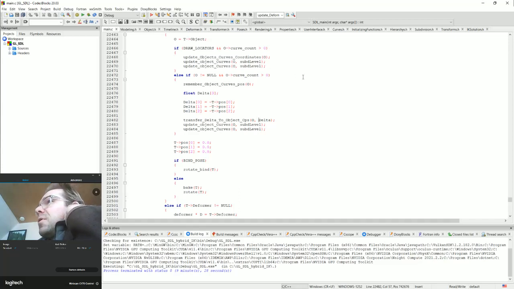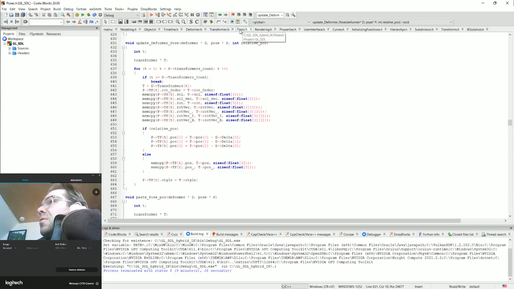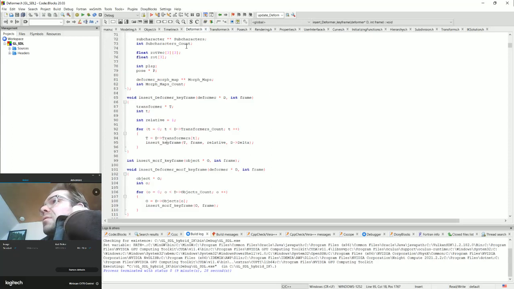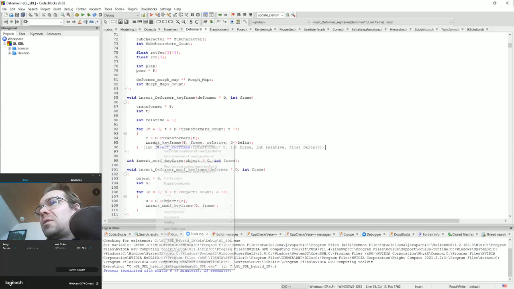First of all, inserting keyframes. And this is in the former header. We see the former keyframe is inserted, and for every transformer in the former, the keyframe is inserted.